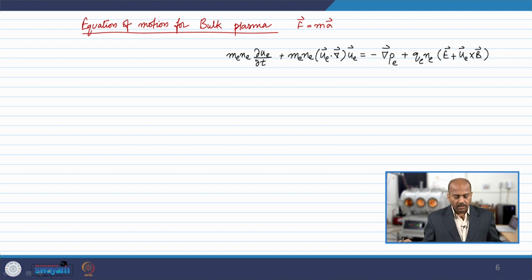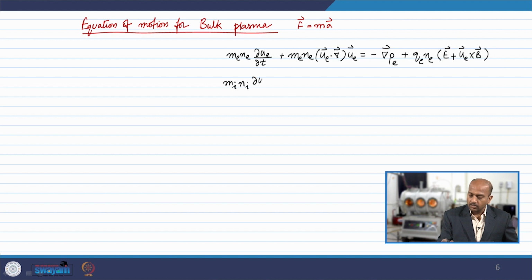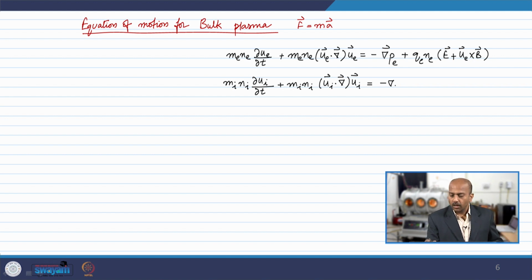The pressure force is taken into account and the Lorentz force is taken into account. So we similarly write Mi Ni. The reason that I am writing these equations so many number of times is that by practice you will remember these equations thoroughly. So the idea is, when I am writing these equations, you should be able to understand what each term represents and why the terms are added the way they are.